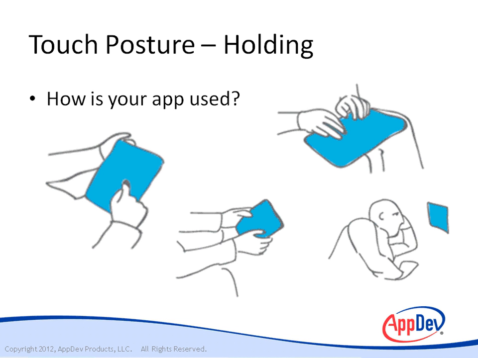But it's great for interacting and holding the device, as well as if you're designing an application that's going to be showing media, then by all means, they're not going to be interacting, their hands aren't going to be blocking, they're going to be sitting up and watching the whole UI, so you can really show everything on the screen and they can read and see everything. So taking this into account as you design your apps is an important part of making a well-designed application that users will want to interact with.